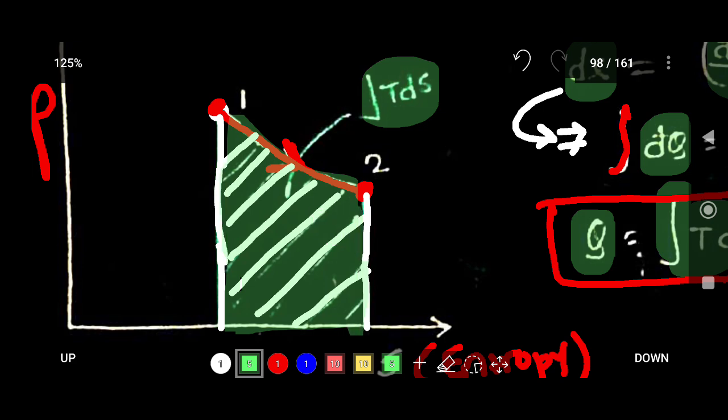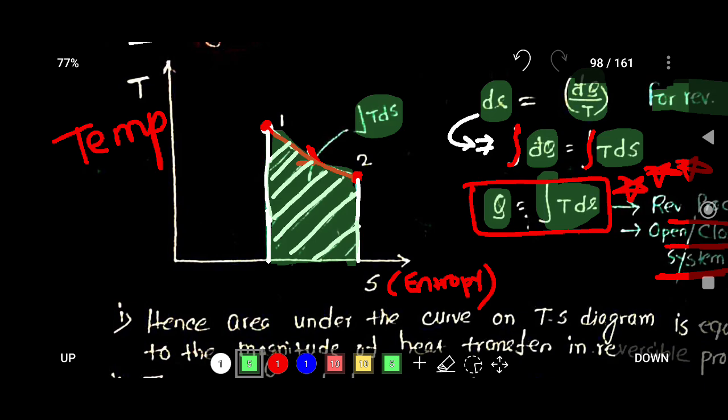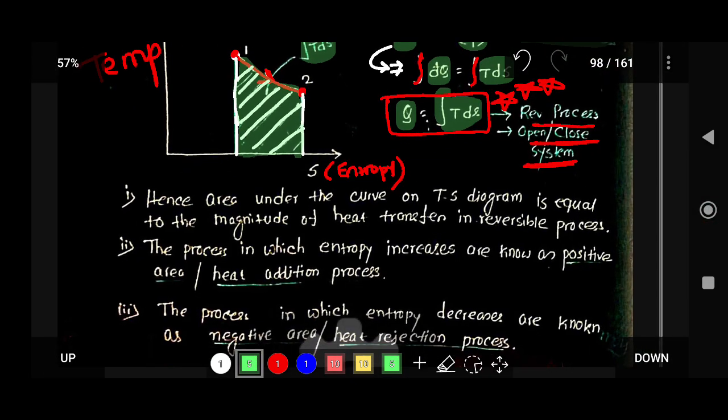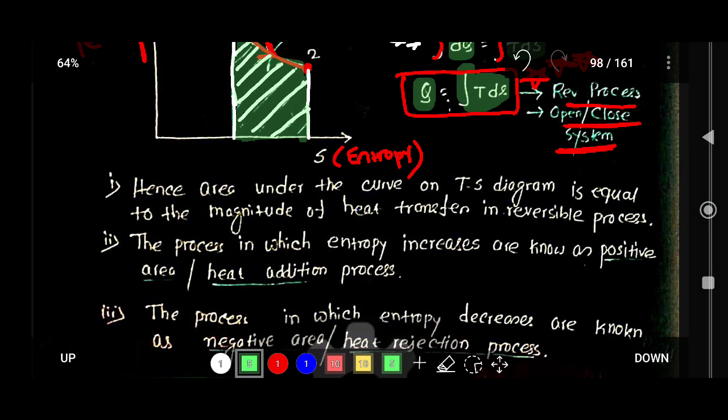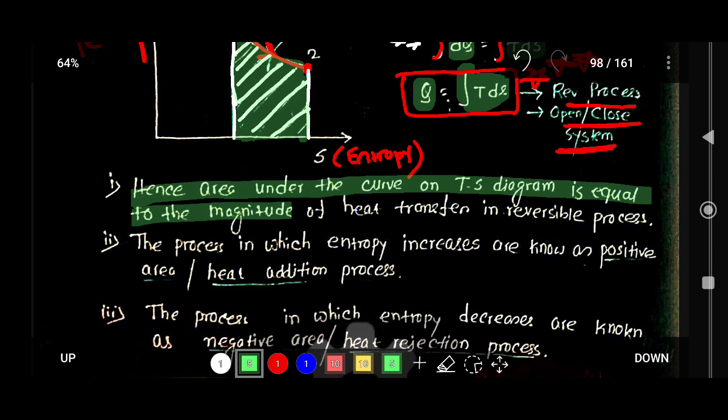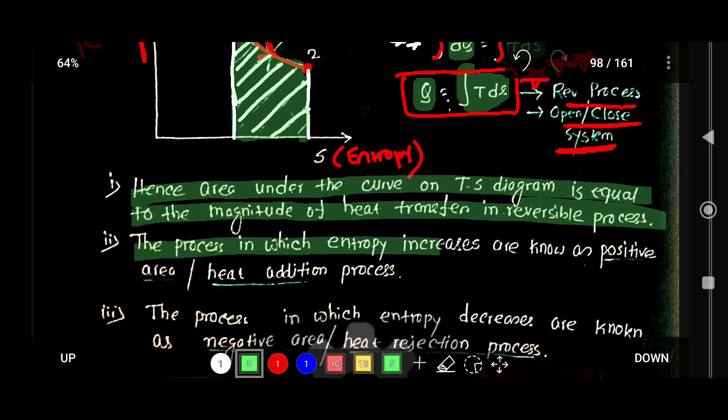Hence, the area under the curve on the TS diagram is equal to the magnitude of heat transfer in a reversible process.